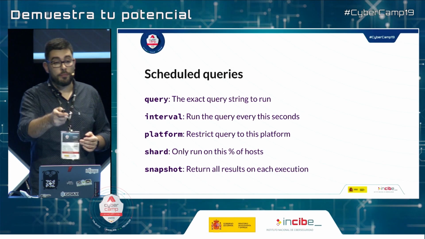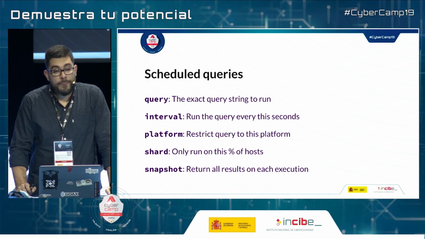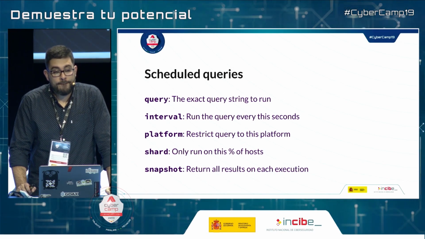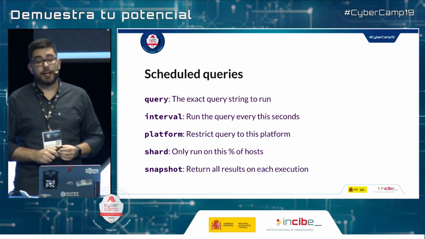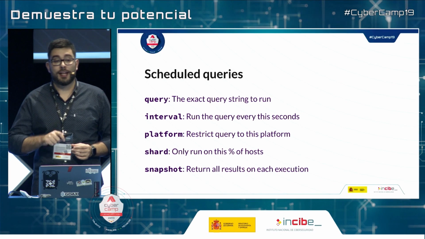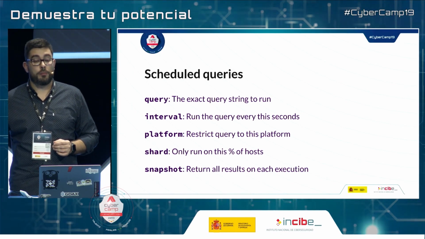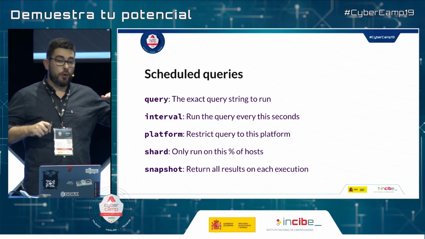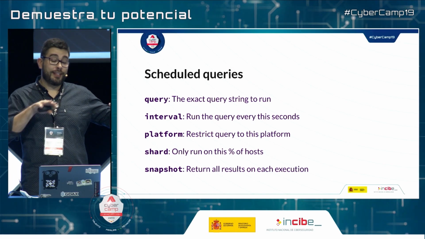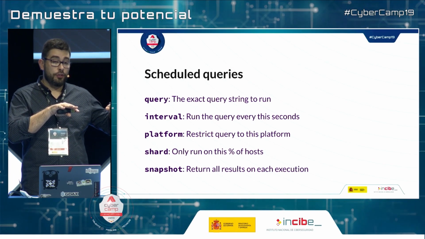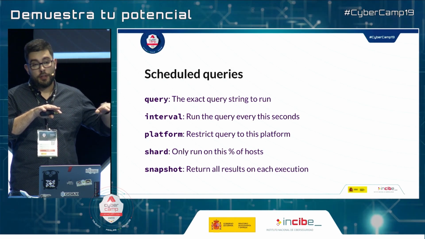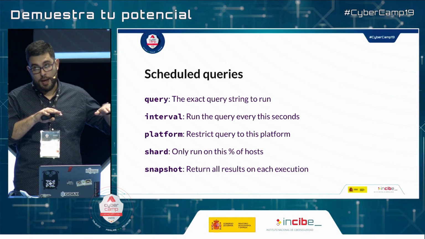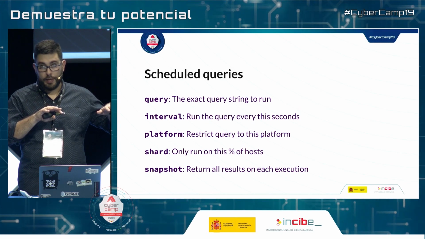Now, what is... sorry, there was a question? It keeps an internal status, like a hash, of the result of the execution. osquery works with SQLite as the engine, but it's storing in an ephemeral database, and it uses RocksDB.